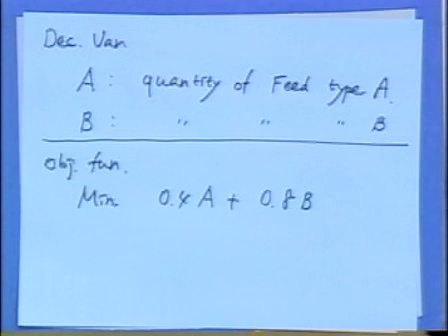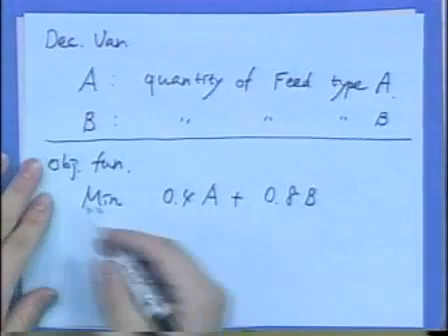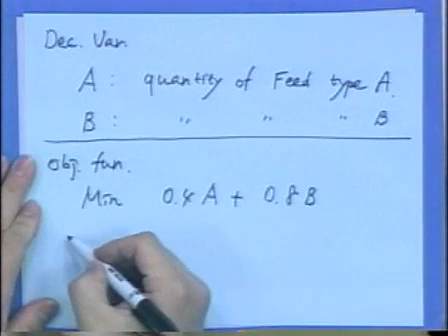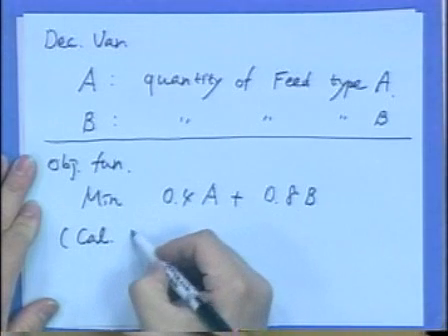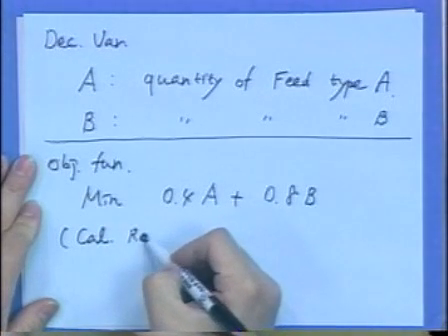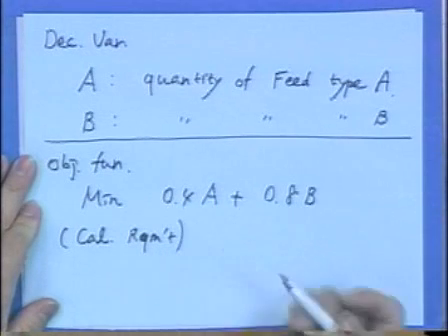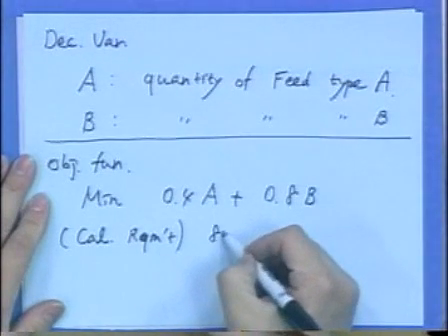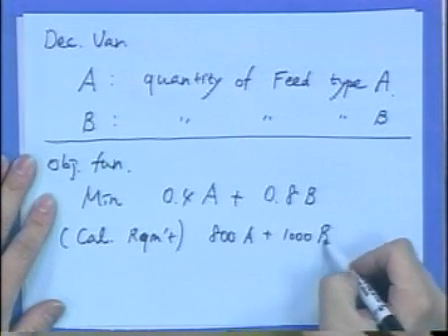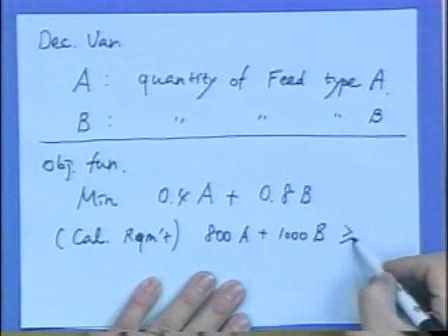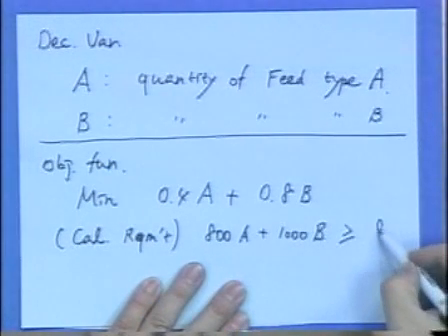And the constraints on the minimum daily requirements of calories and vitamins are required, right? So first, the calorie requirement would be 800 times A plus 1000 times B should be greater than equals 8,000.